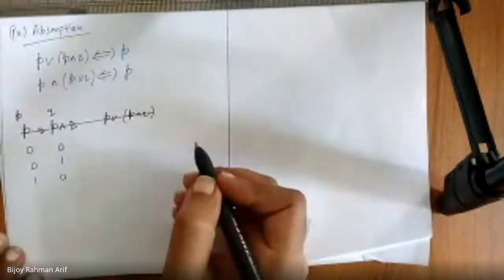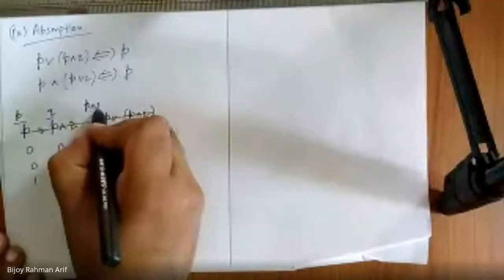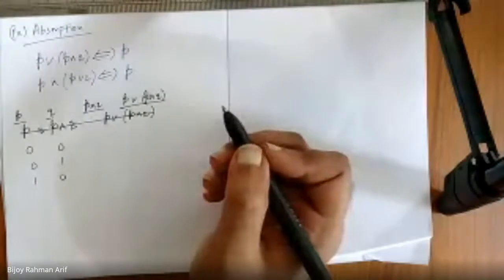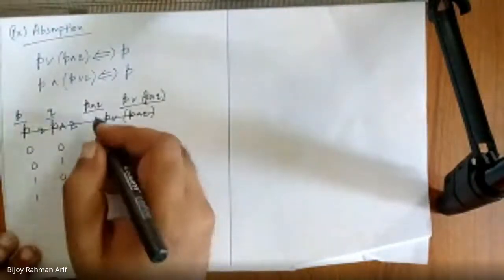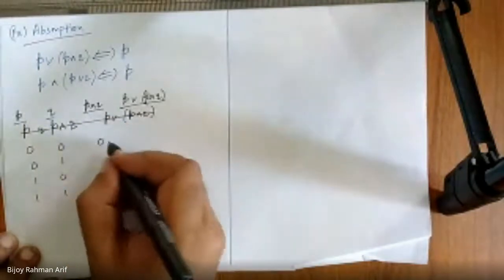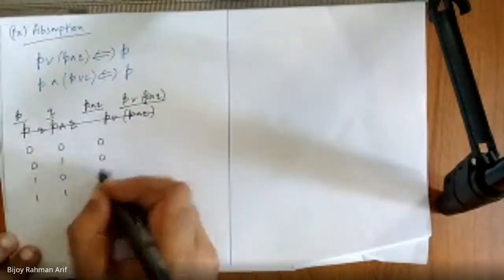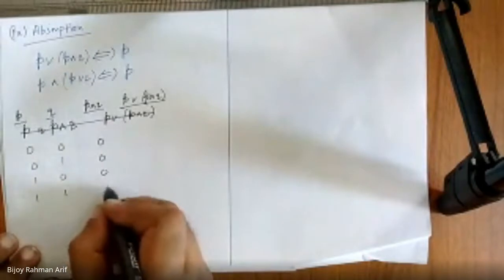Q, P and Q, and then finally P or P and Q whole. Yes, thank you. 0, 0, 0, 1, 1, 0, 1, 1. Then this one is 0, this one is 0, this one is 0, this one is 1.